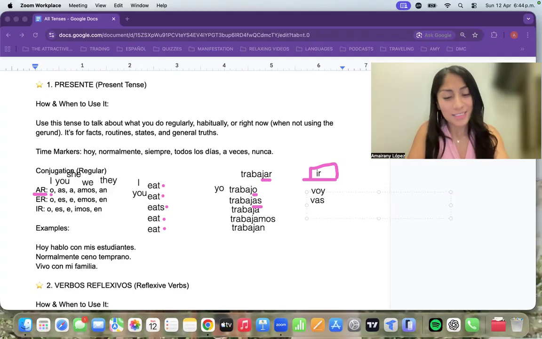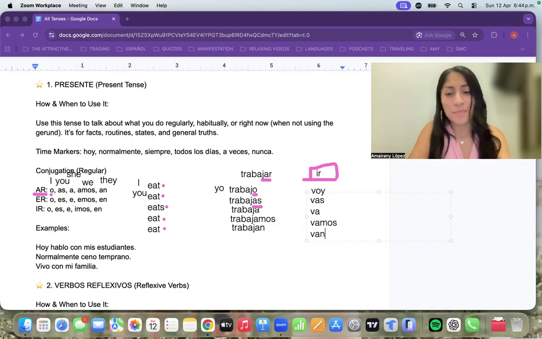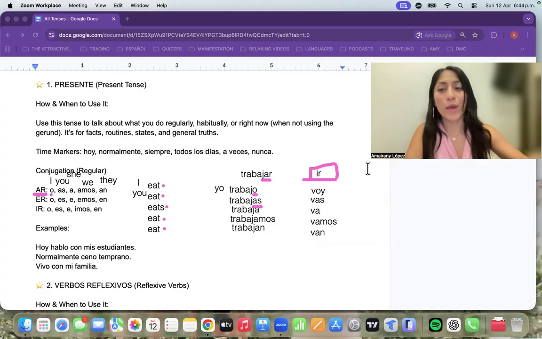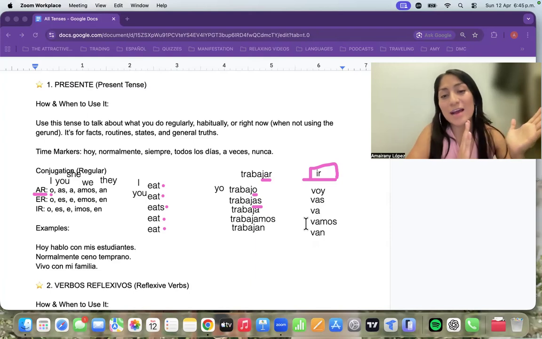So we have vas, we have va, we have vamos, which you've probably heard. It doesn't really mean let's go, by the way. It can be that, but it actually means we go. So that is the difference between a regular verb and an irregular verb. I'm not going to focus on the irregular ones because I want you to have a pattern that's easy to follow for most things, okay?